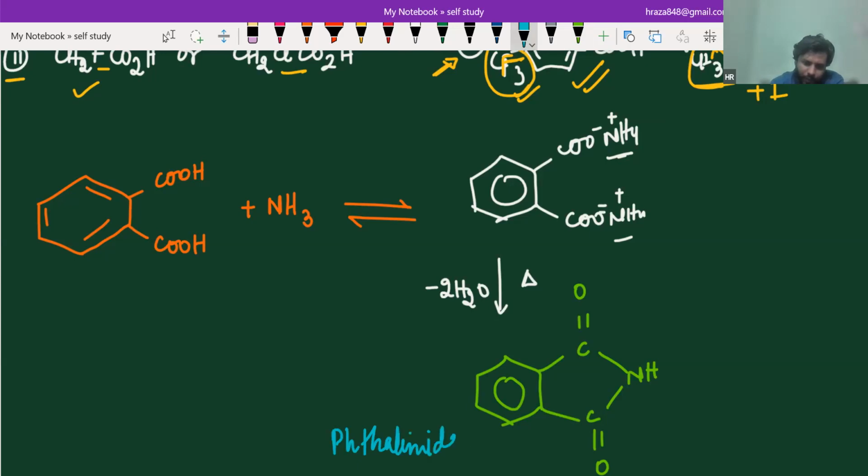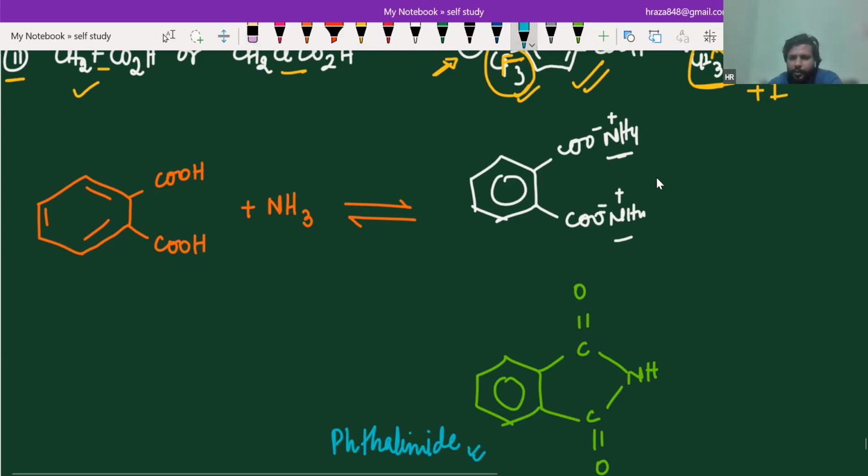Okay, now wait a minute. There are two ways to do this. This will be converted into this. Please do write up to this, and you can convert this directly into amide in this way. Now wait a minute.